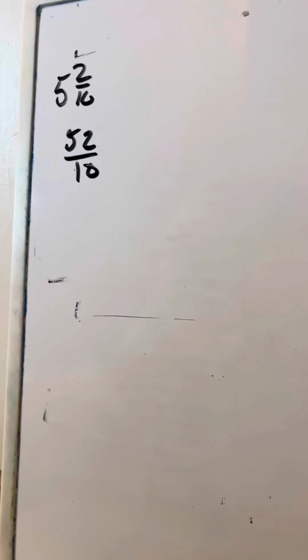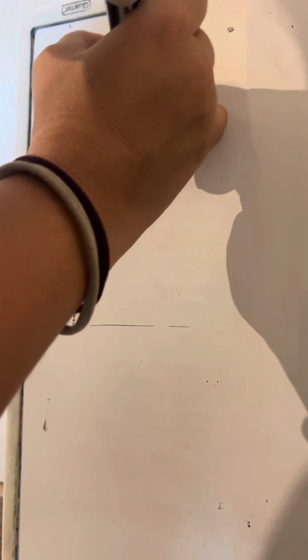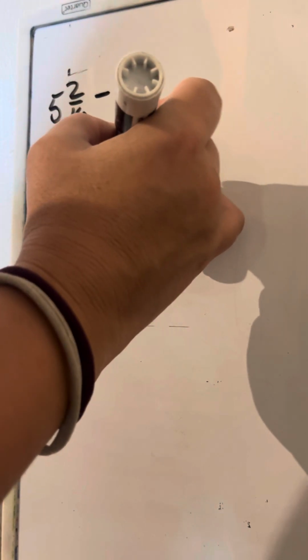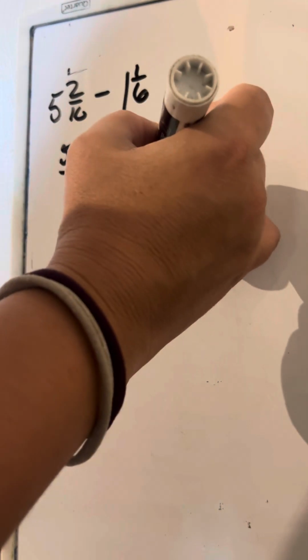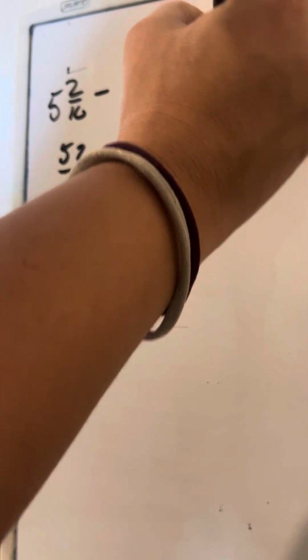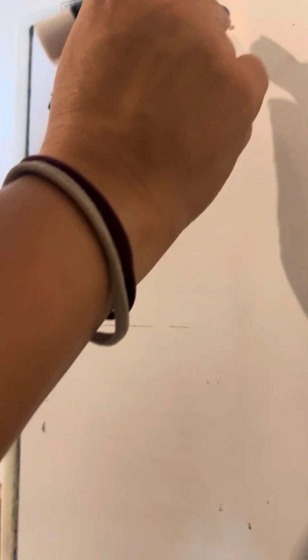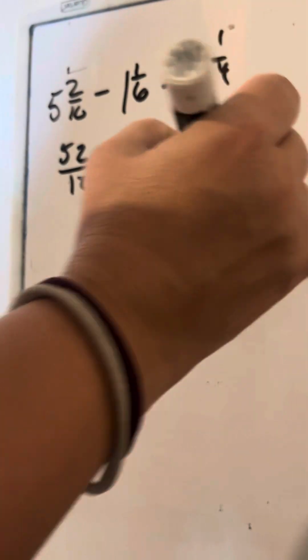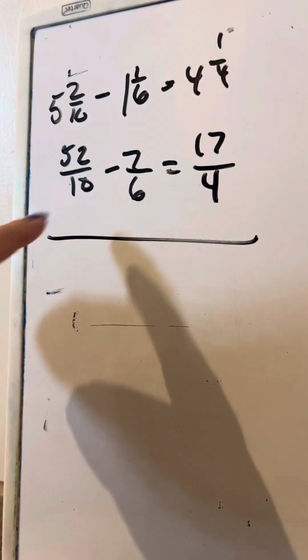So I took 5 2/10 and turned it into 52/10, and then minus 1 1/6 becomes 7/6 equals 4 1/4, which is 17/4.